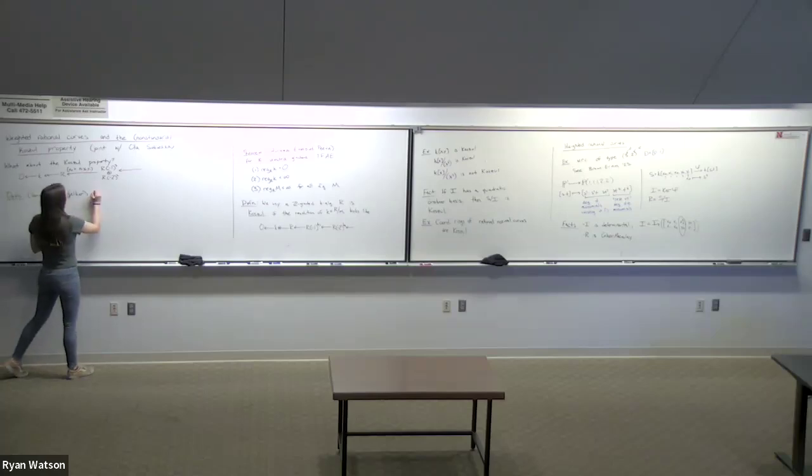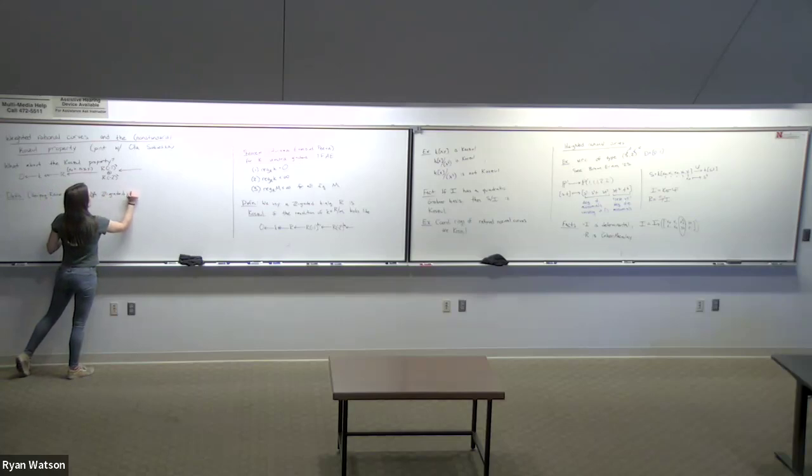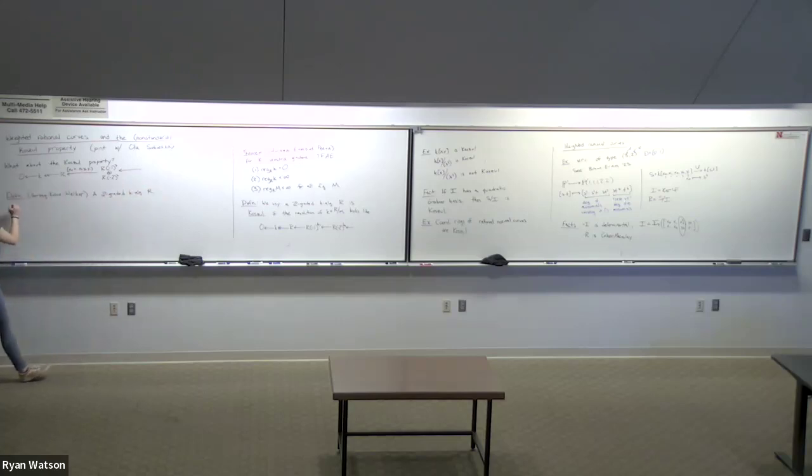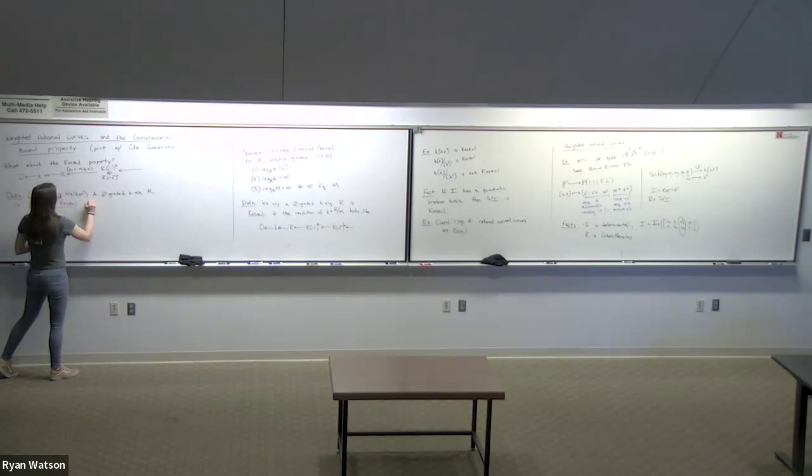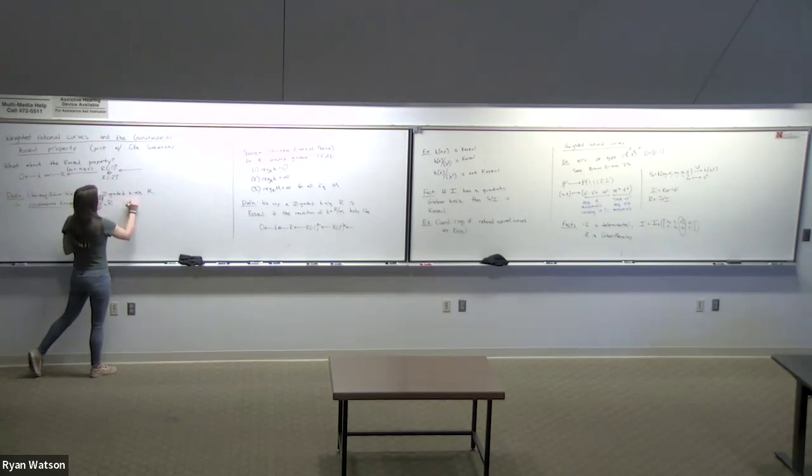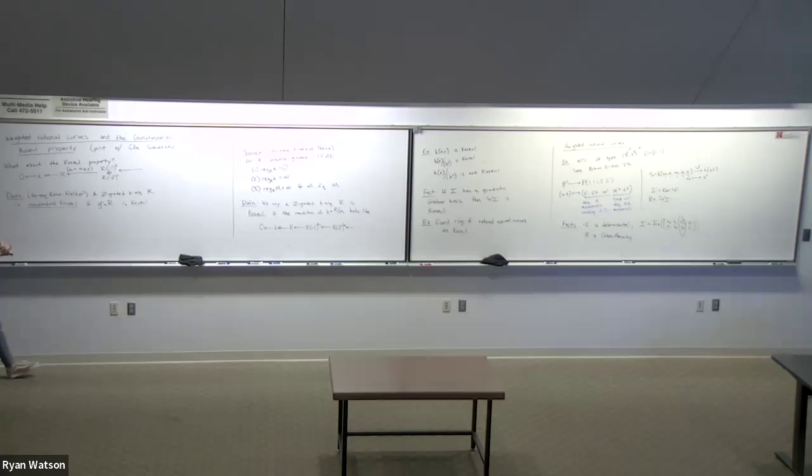So they say that the Z-graded K-algebra R is, I will say, non-standard Koszul, just to distinguish, if the associated graded of R is Koszul, where I mean Koszul in the usual sense.